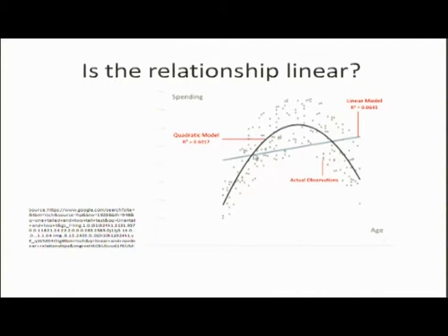fitted to these data, it gives a poor fit. It explains only 6% of the changes in y, but when a quadratic model is fitted, a plus b x plus c x square, then you find that the model explains 60% of the variations in y.